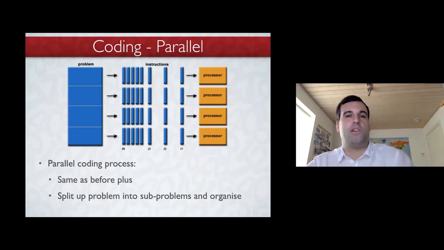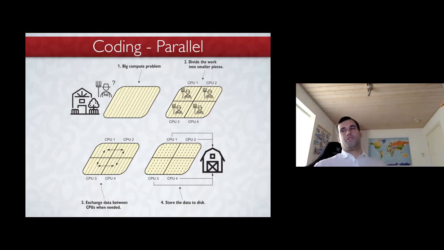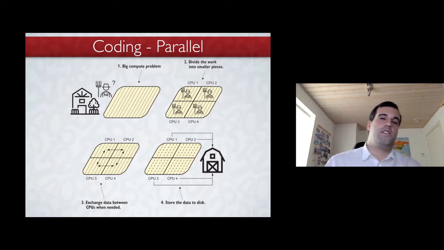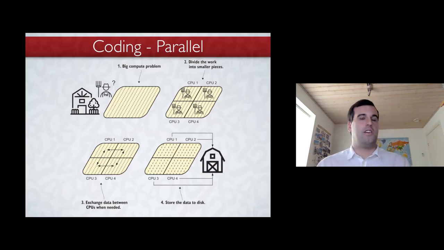Or maybe make an analogy. If you talk about parallel programming, think of a big field. We have a big problem to work on, a big compute problem. The idea is, we divide the field into, say, 4 fractions, and then each worker, in this case a processor, will work on each field.